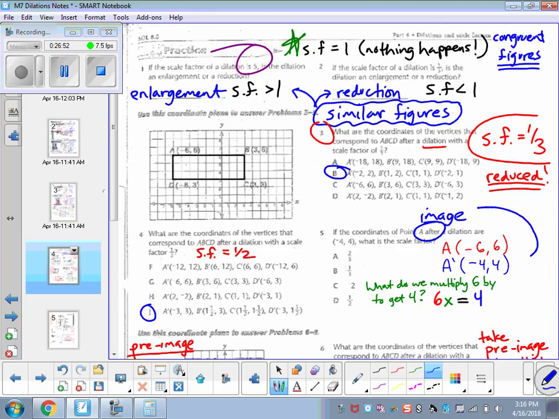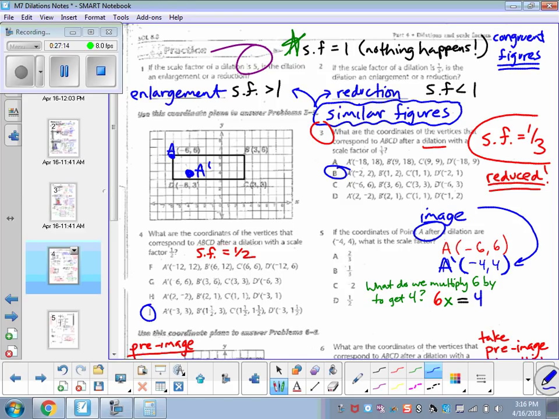So that's going to be right here. That is A prime. It is telling us that A prime is going to be graphed back 4, up 4, right here. A is going to go from here to here.